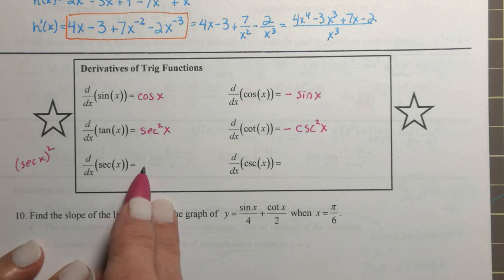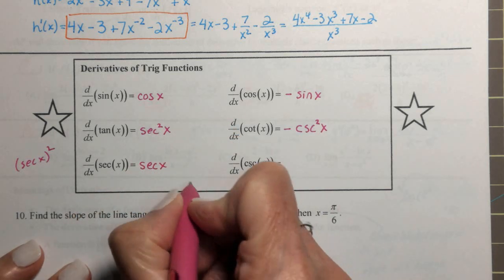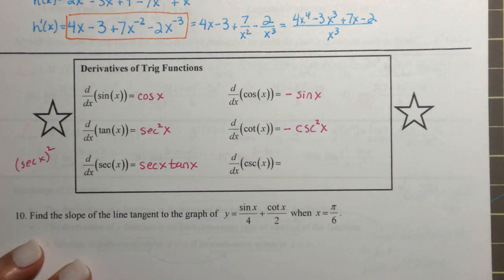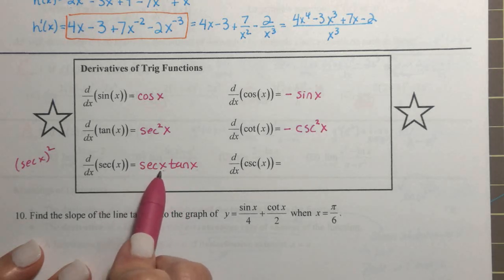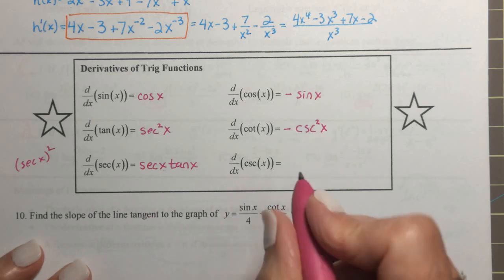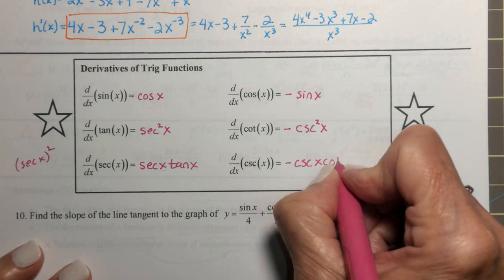She goes first. But it's a product, so it doesn't have to go first. Secant x, tangent x. Don't forget your x's. Don't forget your arguments. Okay? Which means the derivative of cosecant x is negative cosecant x cotangent x.